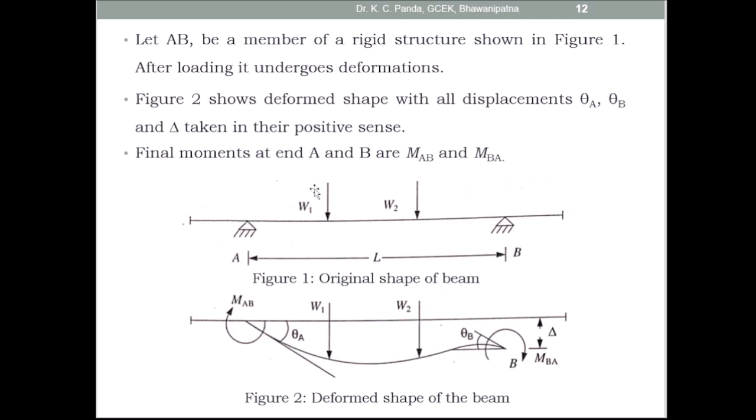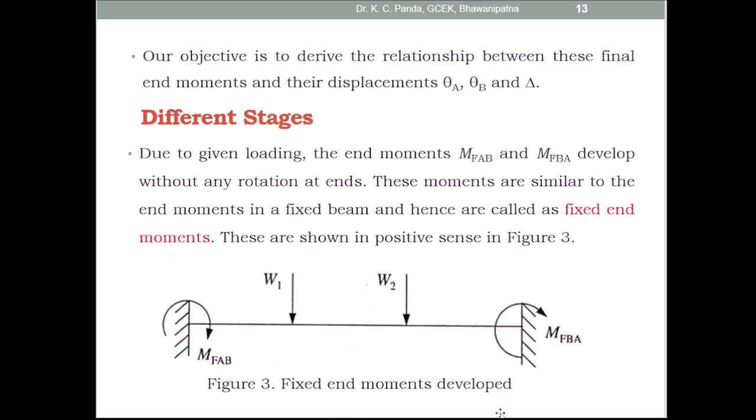The final moments at the ends A and B are MAB and MBA. So MAB is the final moment at end A, and MBA is the final moment at end B. This is the original shape of the beam, and this is the deformed shape of the beam. Here our objective is to derive the relationship between the final end moments and their displacements theta A, theta B and delta.